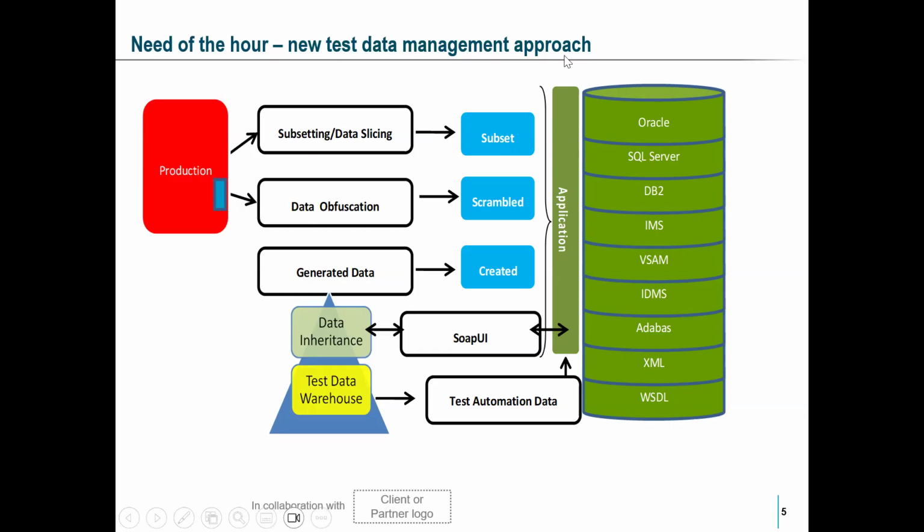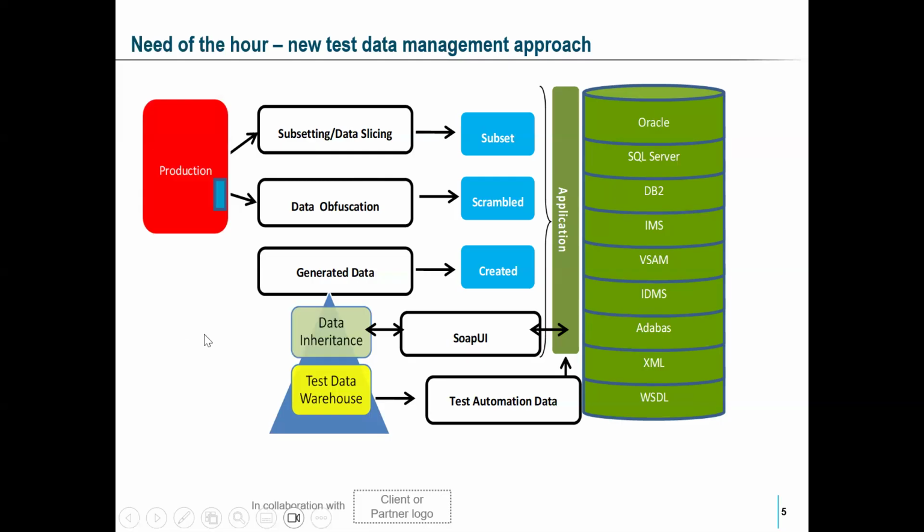New test data management approach. It's like production, right? Every bank or insurance, or retail, like Kroger or Walmart, has production data. Instead of creating volume, they use the subsetting ETL process: extraction, and then data slicing.